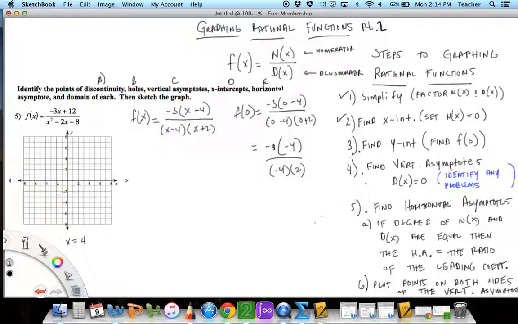Hopefully we're getting the same results here, and so we get 12 over -8, which simplifies to 3 over -2, or -3 halves. So my y-intercept is -1.5. That's going to go through right there.